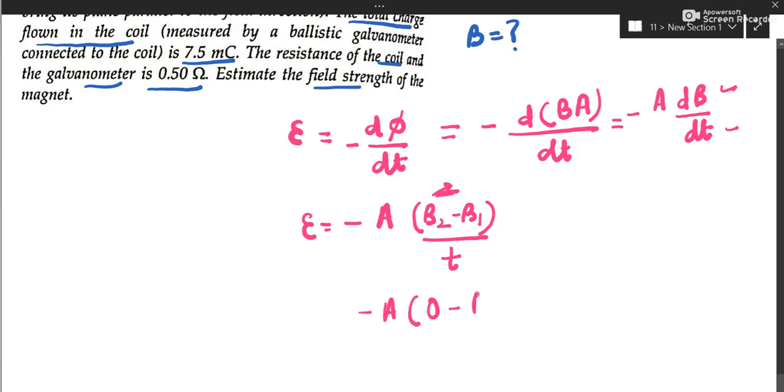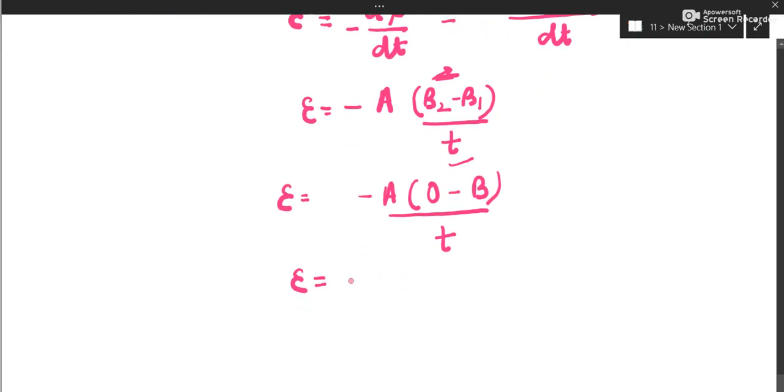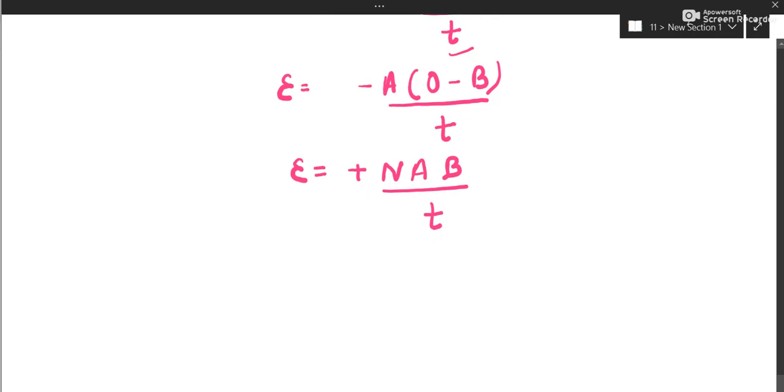Initial magnetic field is to be found, and this is time. Okay, so this is EMF. Now one very important thing, they have given n number of turns, so we have to multiply this with n. Be very particular, minus minus plus, n has to be multiplied.